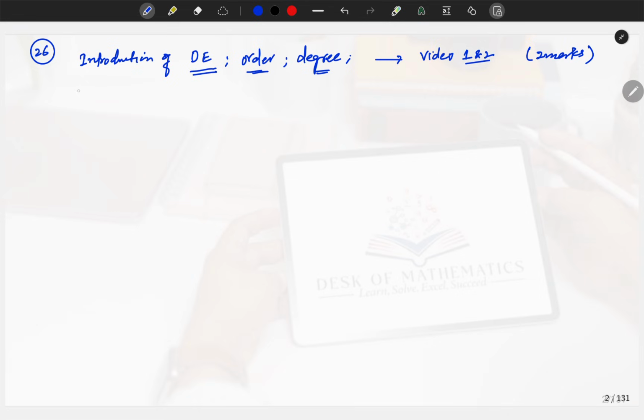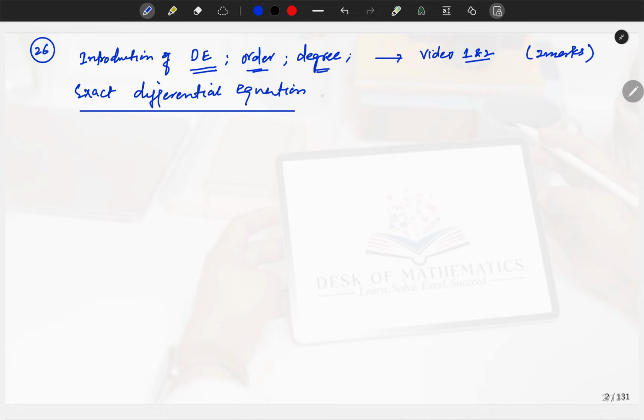Similarly, the second topic is the exact differential equation. In that, you have to find the solution of the exact differential equation. Here the chances are for the 2 marks as well as the 5 marks.